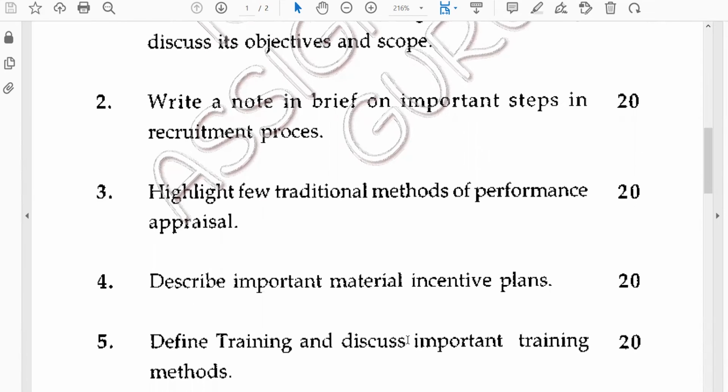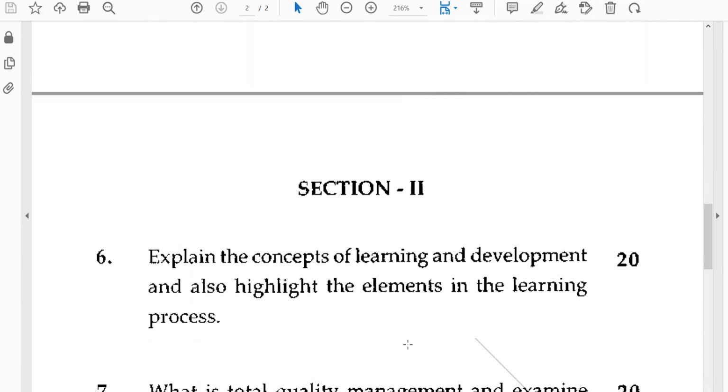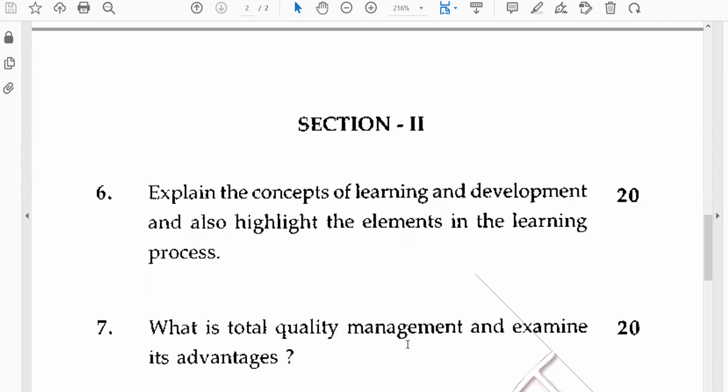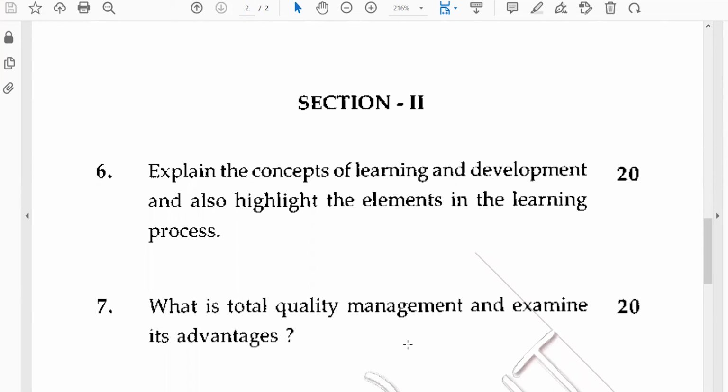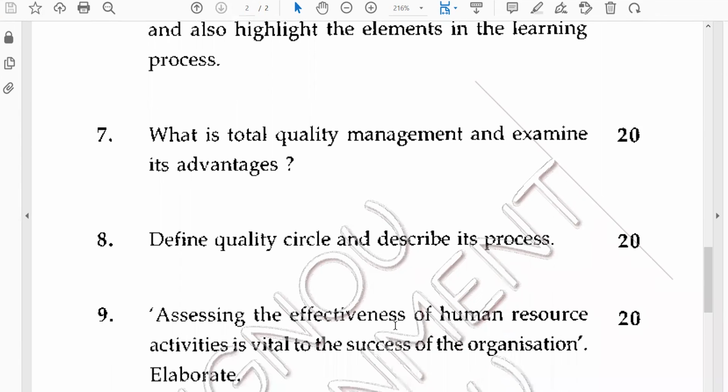And 5, define training and discuss important training methods. And in section 2, explain the concepts of learning and development and also highlight the elements in the learning process. What is total quality management and examine its advantages. Define quality circle and describe its processes.